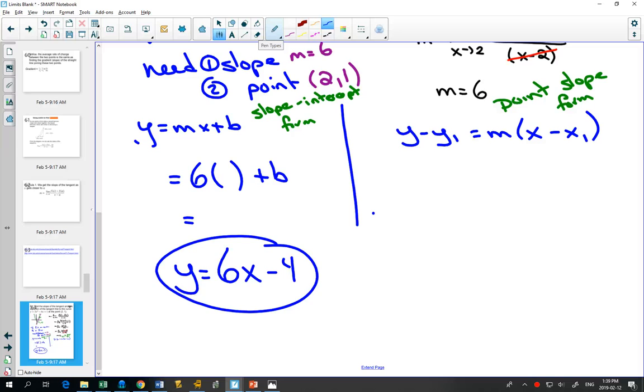Okay, the y is 1, the x is 2. Moving this over tells us that b is equal to -11, and, well, it's not that bad. Whew. And you get 6x minus 11.